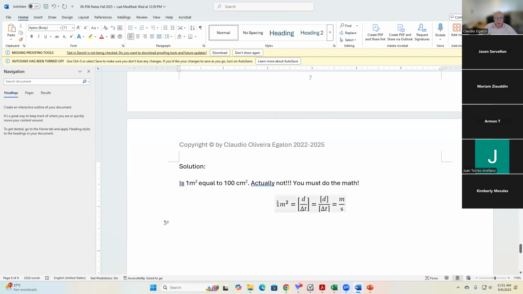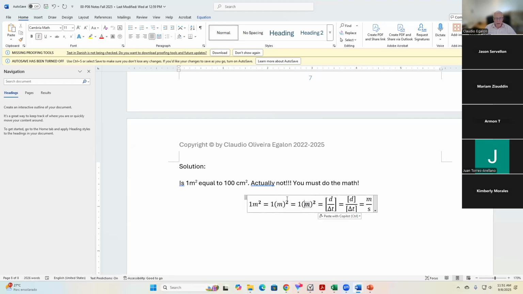Okay? Remember that what you have right in here can be rewritten with the meter inside the parentheses, with the square outside the parentheses. And now you can make the conversion from meter to centimeter.